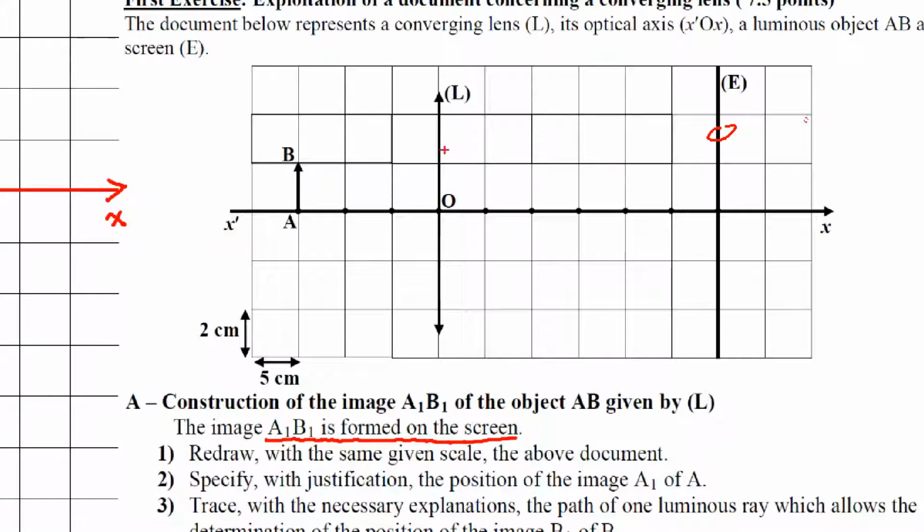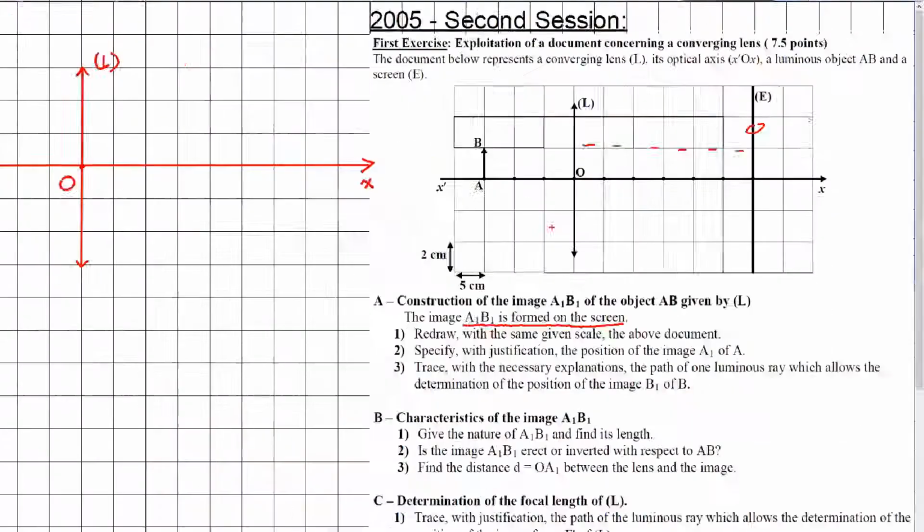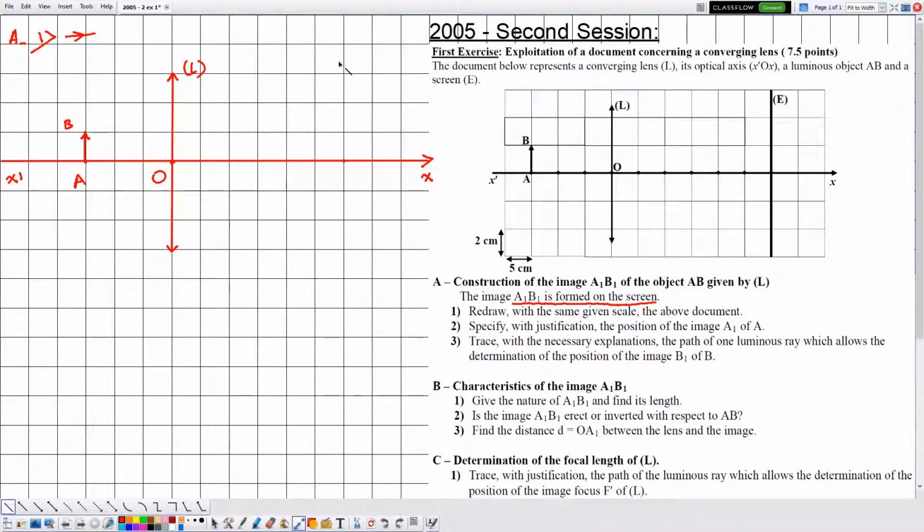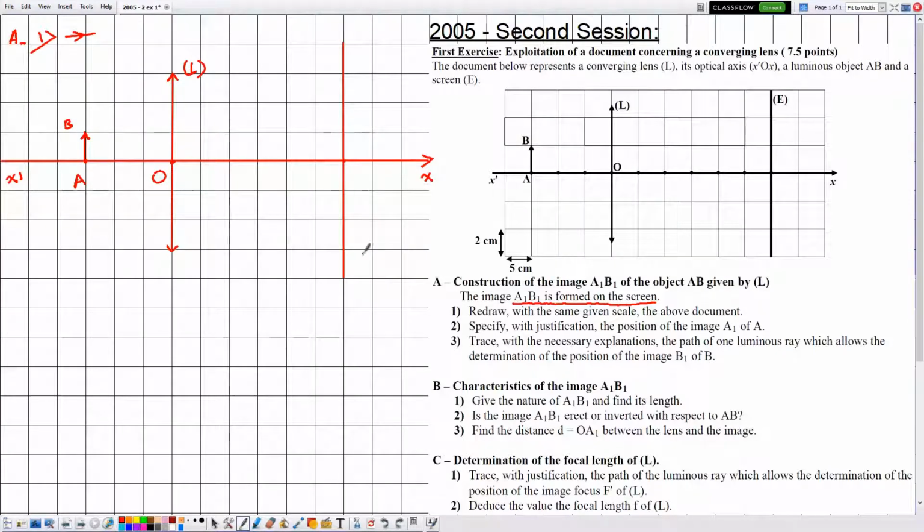So the number of divisions between L and E is 1, 2, 3, 4, 5, 6. Then this is the screen E. Finally, the scale along the x-axis is given by 5 centimeters, and along the y-axis is given by 2 centimeters. Then this is it for number 1.